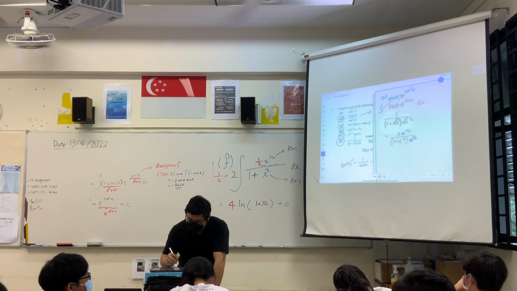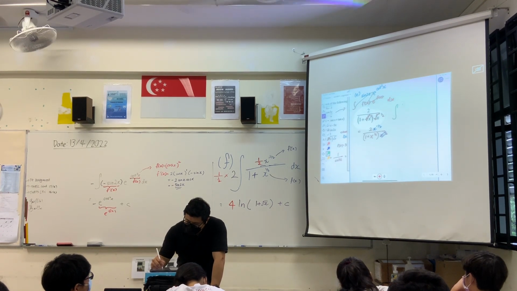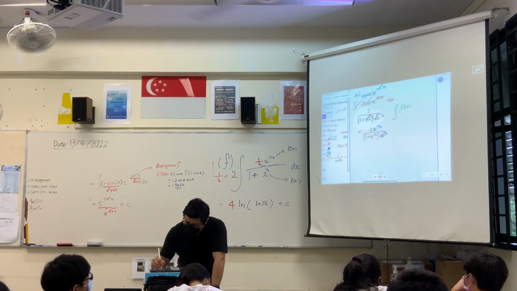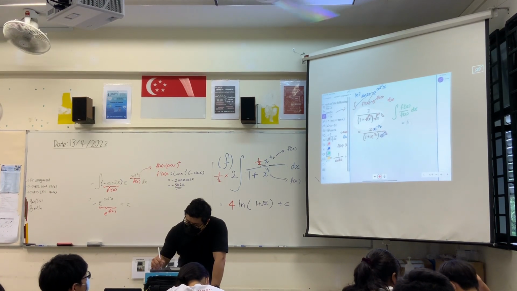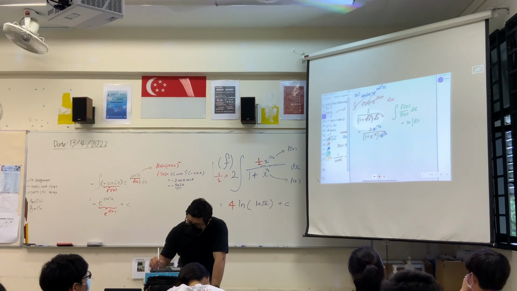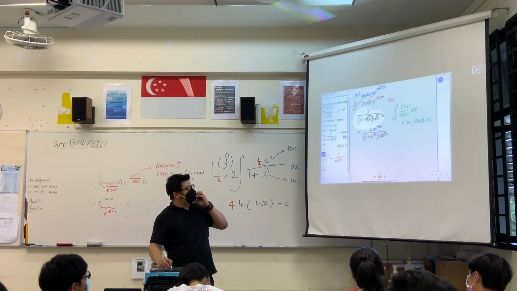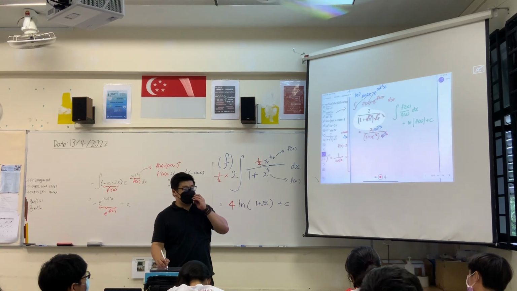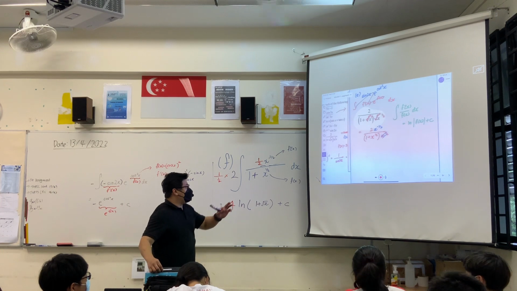The formula I'm using is when I integrate f prime x over f(x), that will give me ln of modulus f(x) plus c. So I want you to see this as f(x) and this as f prime. I bring the 2 out.